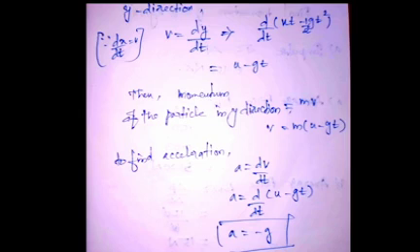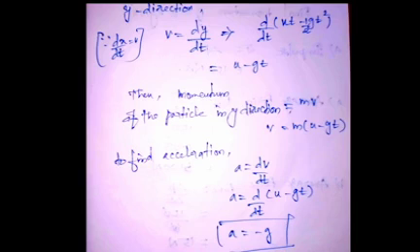Now we are going to differentiate this equation with respect to time. We split this equation, so we can write d(ut) divided by dt minus d by dt of half gt square. Then we differentiate with respect to time, so the time gets cancelled and we get the u value, and also we get g into t, so we get velocity v is equal to u minus gt.